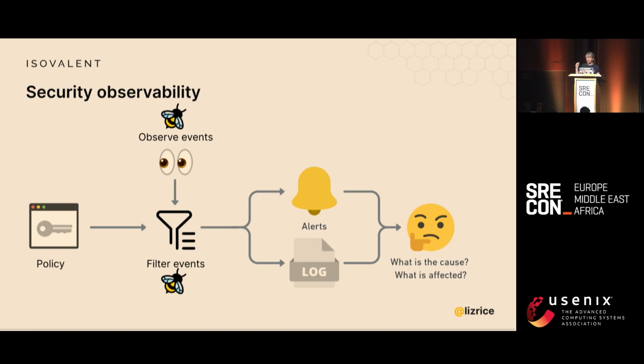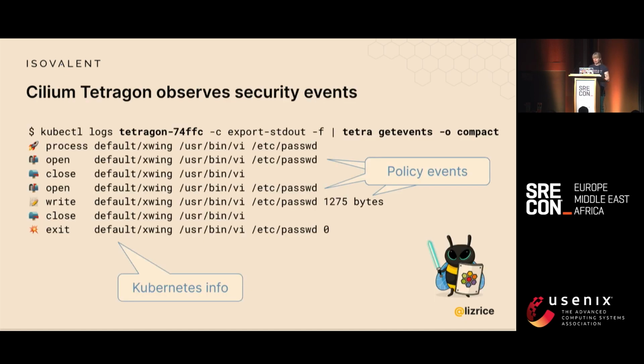It's only the handful affecting particularly sensitive files that you're really interested in. And ideally, you want to be able to filter those events inside the kernel. And that is a pretty new thing that we've been able to do with eBPF.